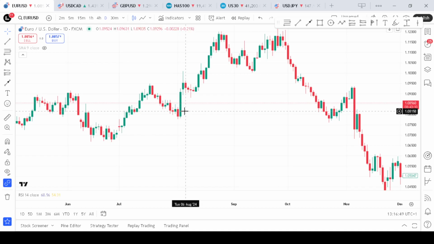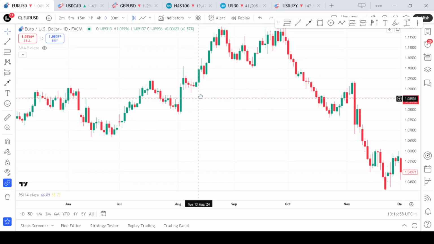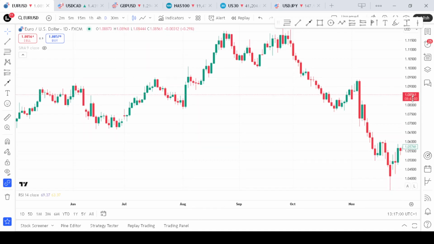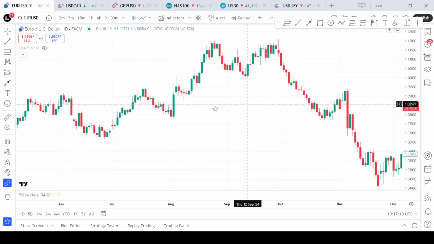The real body represents the range between the opening and close price, while the wick or shadow shows the highest and lowest price reached during that period. The size of the candle provides valuable information about market momentum.